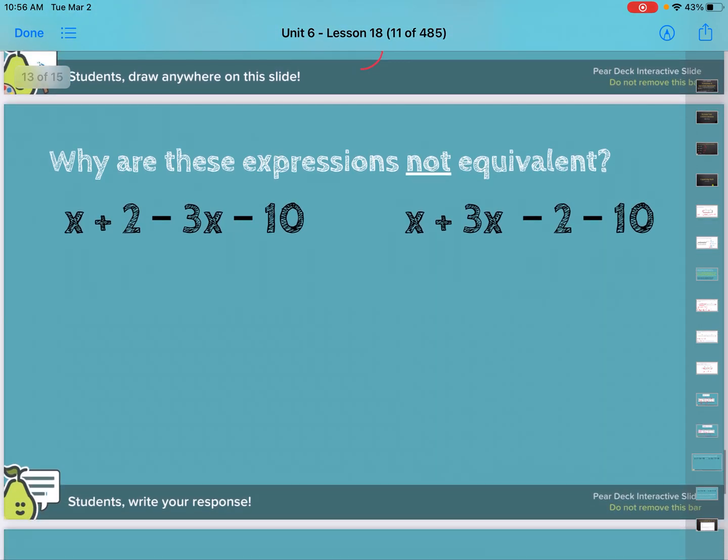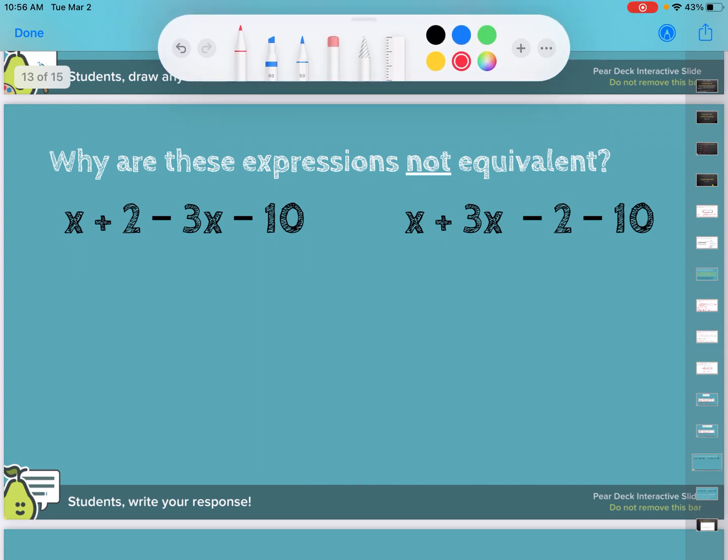Why are these expressions not equivalent? Okay, you have to look at the sign in the front. So x and x, that's the same. The plus 2, and then that becomes a minus 2. Okay, that's one difference. Minus 3 plus 3, there's a difference there. And then these two are the same.